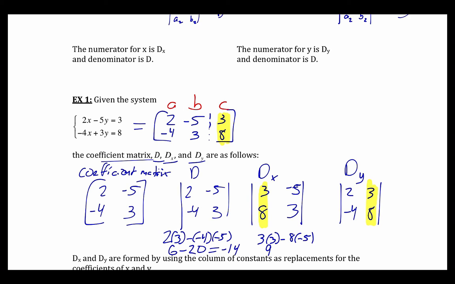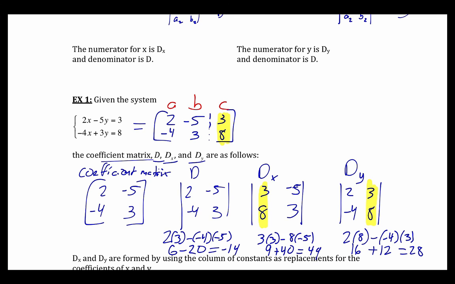That gives us 9 plus 40, which is 49. Finally, for d sub y, we would do 2 times 8 minus negative 4 times 3, which would give us 16 minus negative 12, in other words, plus 12, giving us 28.